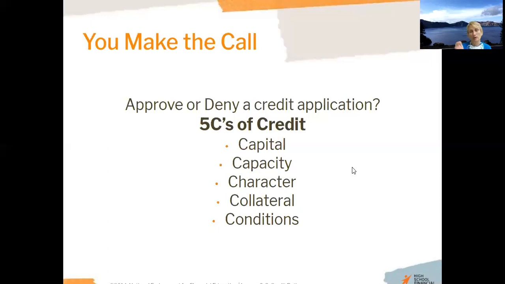Some of them can be pretty similar, like they might sound like you're just rewording the same thing. Basically, I don't think they've got enough money, but this is why: they already have a lot of debt, they don't make very much money, and this would put them over 20%. So you could be wording the same thing in 3 different ways, because some of these things go so hand in hand.